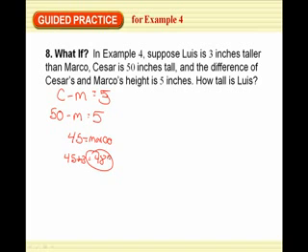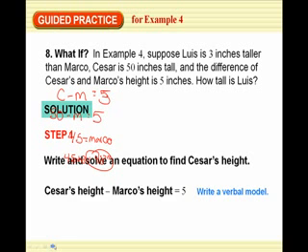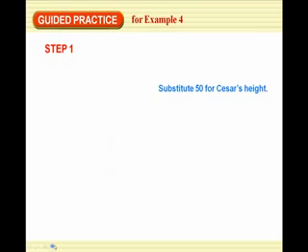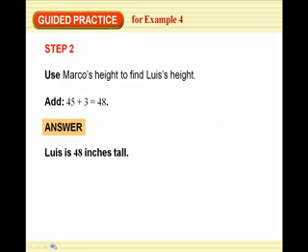So just kind of going through, picking out what we need, using the words, taking those and writing them into equations that we can solve. Let's see if they agree with us. So they put in the 50 again. They find that Marco's 45, and Luis is 48. There we go. Okay, that's it for 1.5.